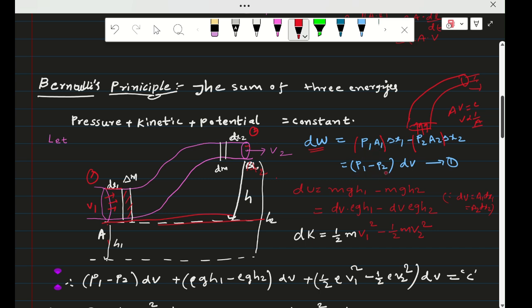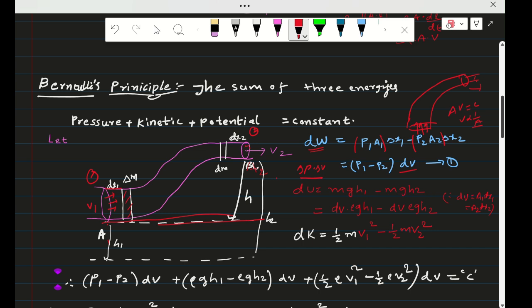Therefore, the work is the pressure into dV, the change in volume, called pressure energy: dW is equal to P dV. Here pressure is not constant. If pressure is constant, it is P dV. If pressure is not constant, it is V dP plus P dV. Both will change; that we will come to in thermodynamics. Now the potential energy change is, we know, mgh1 minus mgh2.